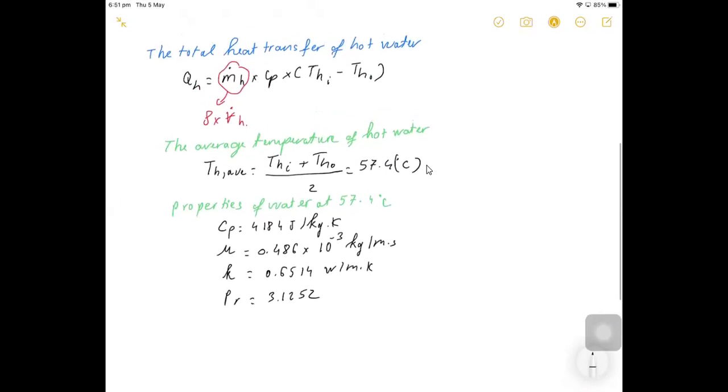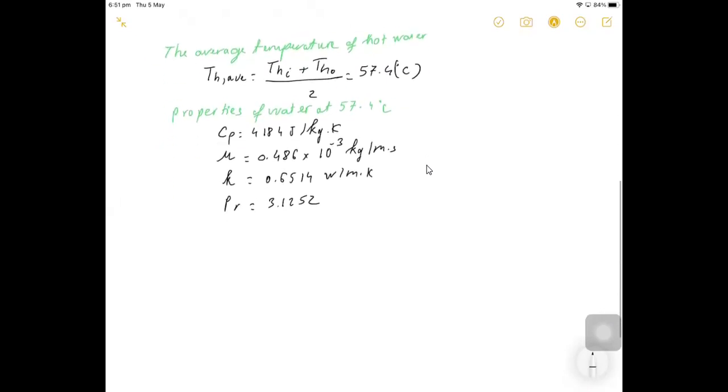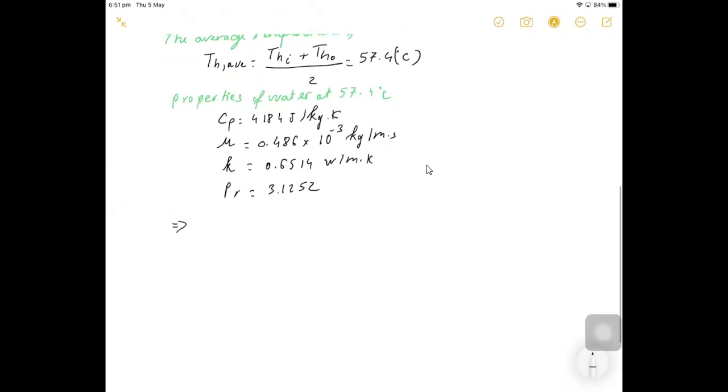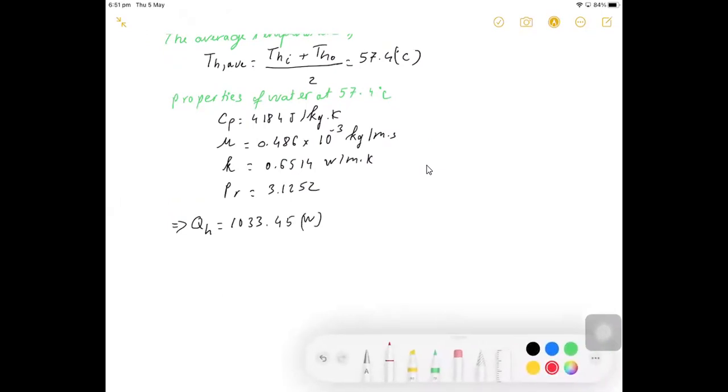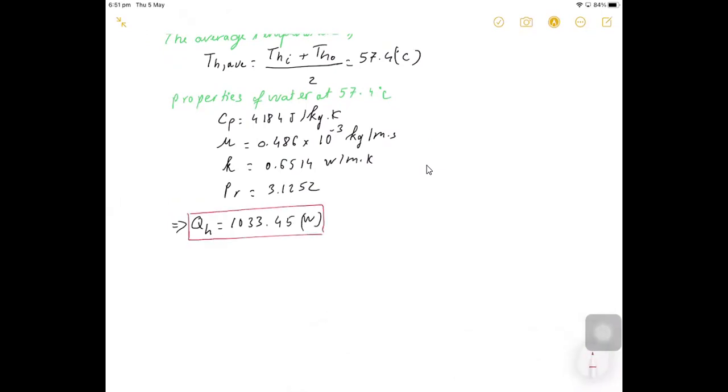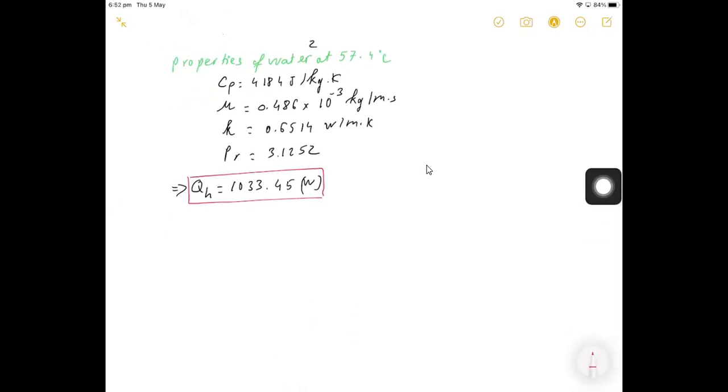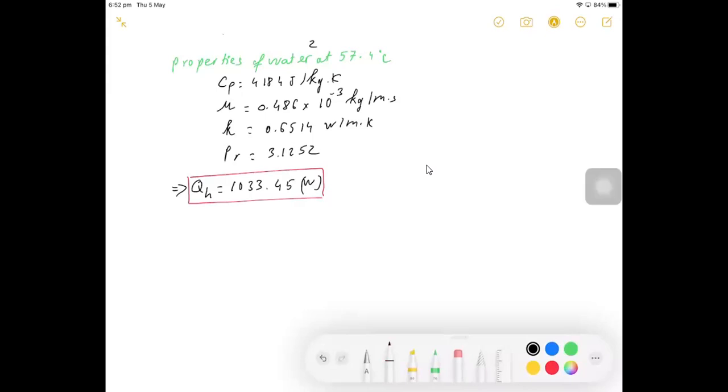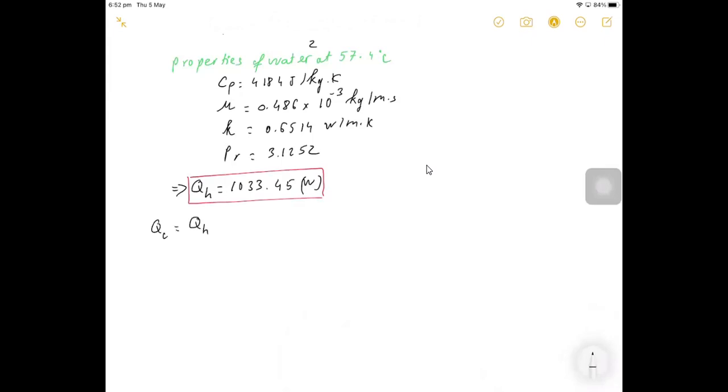You apply to the total heat transfer of hot water equation. You will have Q is 1033.45 watt. This one is the total heat transfer of hot water. So now, if we assume the efficiency is 100%, no energy loss, then the heat transfer of cold water will be equal to the heat transfer from the hot water.